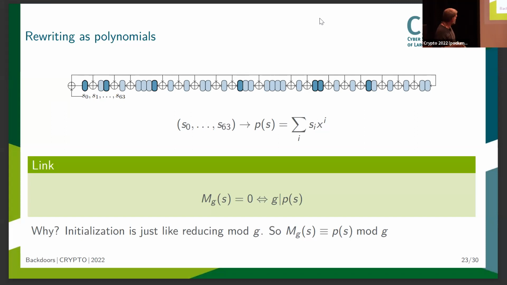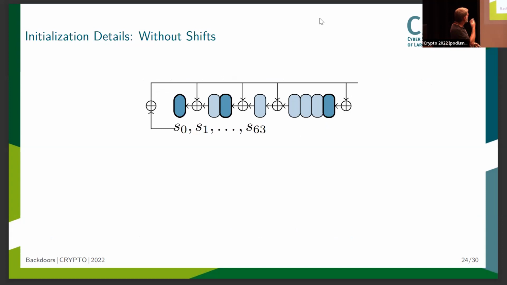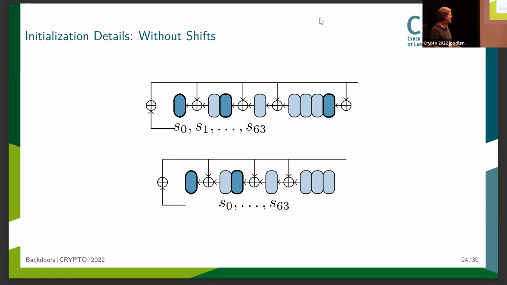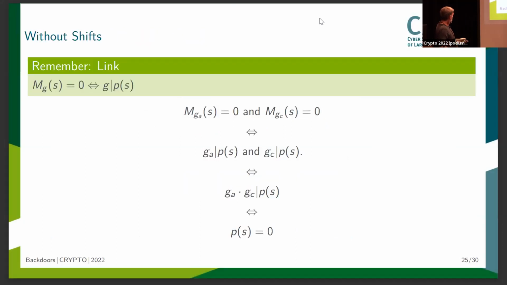Okay. So now we're looking at the variant without shifting. Yeah? So that's maybe the more natural variant which we would design. So you have register A without shifting and register C without shifting. So now, with this link I just explained, what you want is to count the number of keys which are mapped to 0 in register A and mapped to 0 in register C. So it has to be 0 in both.